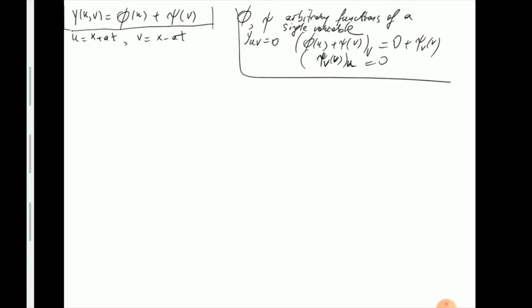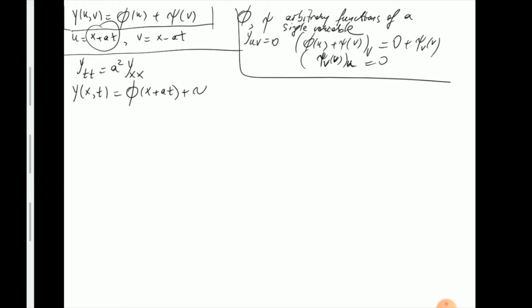Now, of course, to go back to your original equation, if your equation is stated as originally written in terms of x and t, then your solution as a function of x and t is some function phi of u, which is x plus at, plus some other function psi of x minus at.